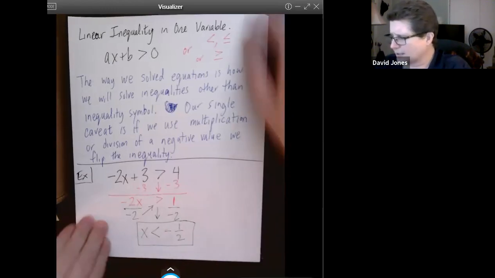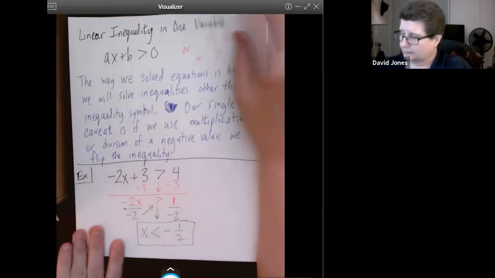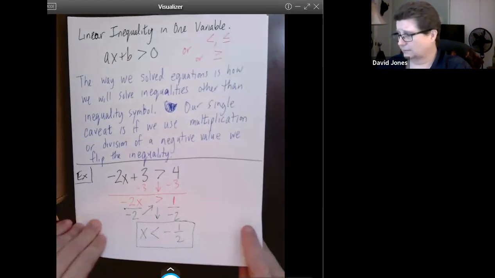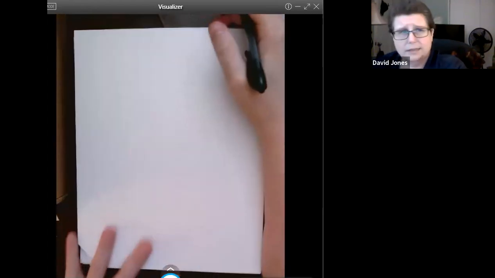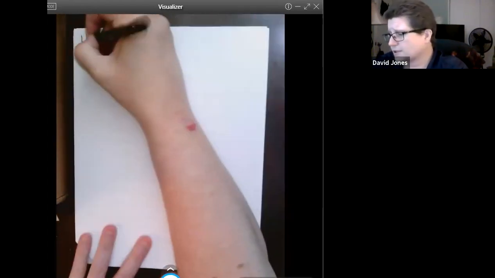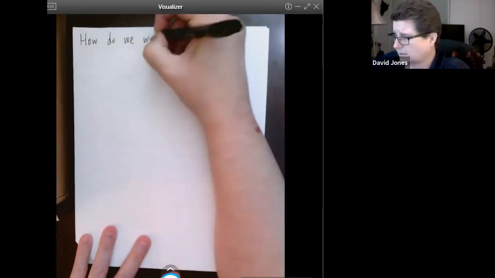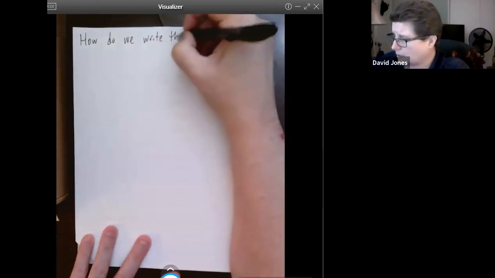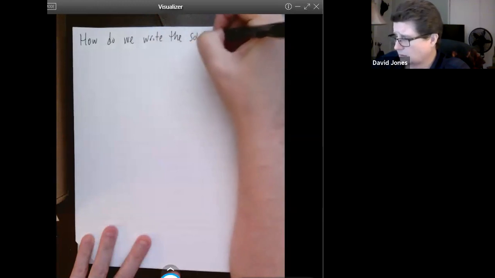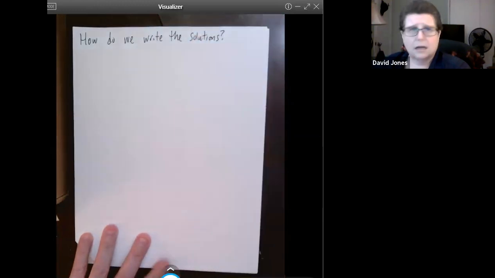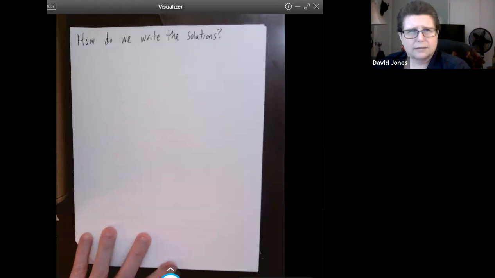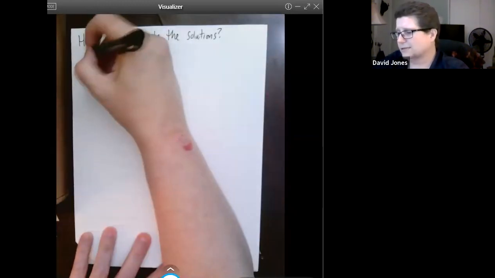We do write the solutions differently. So how do we write the solutions? We can leave it with the inequality symbol in there.